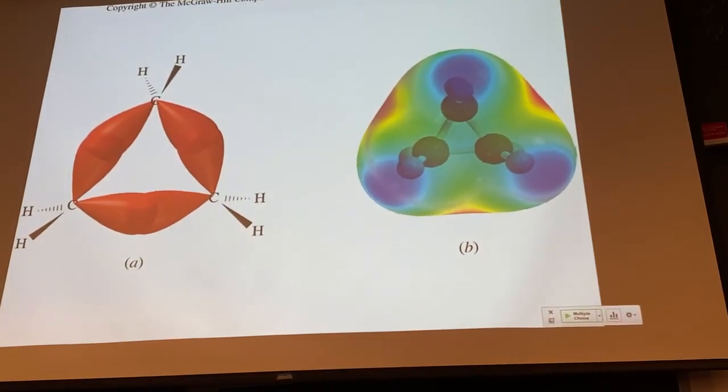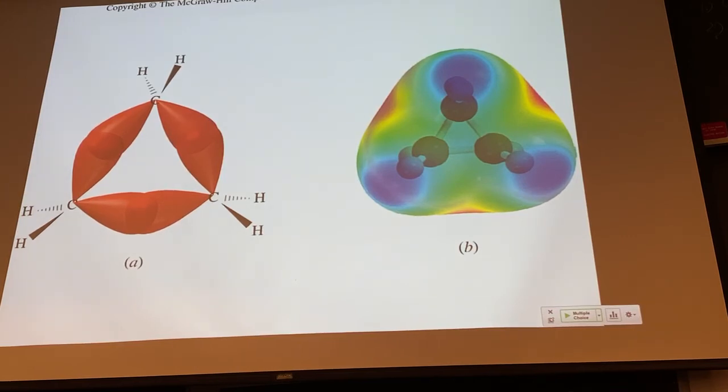Because of that 60-degree bond angle, the sp3 hybrid orbitals do not overlap as much as they would if you had 109.5. They just overlap a little bit, and what you end up with is electron density on an arc between the carbons in the bond as opposed to on a straight line.